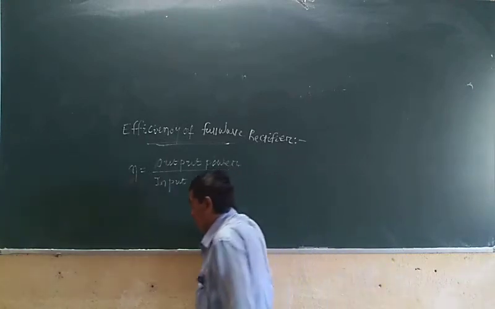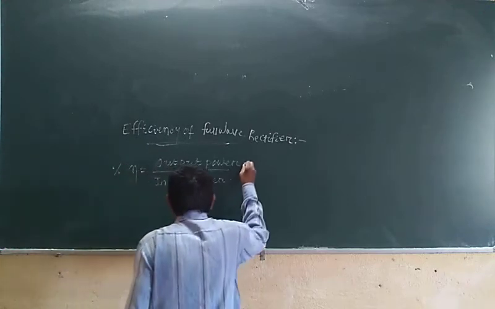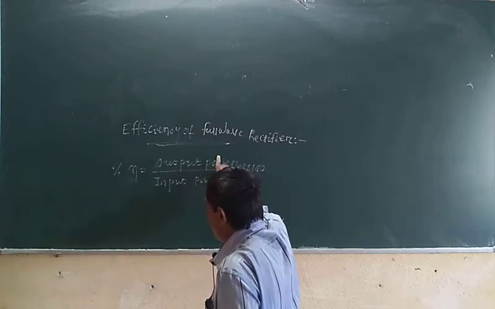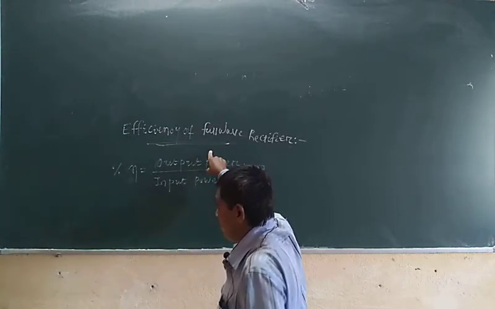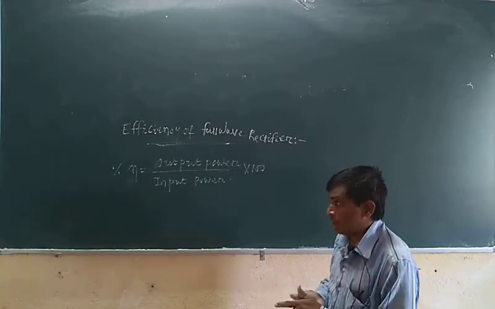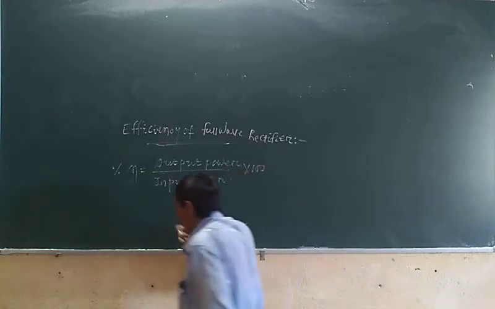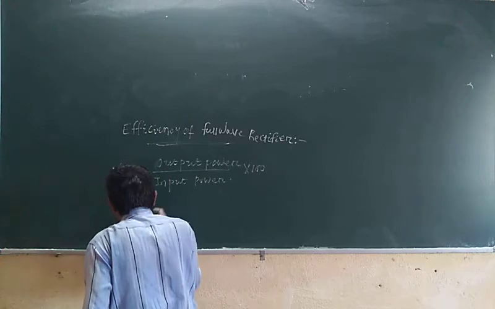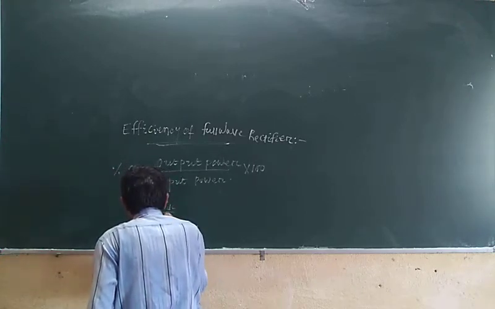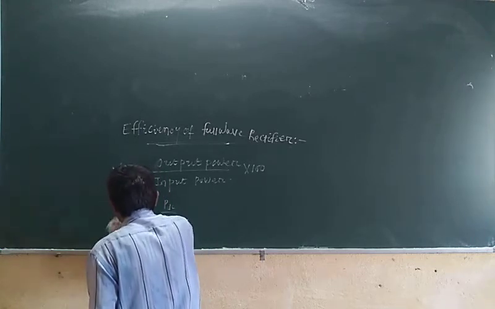When we want the percentage of efficiency, it will be multiplied by 100. Now we can calculate the percentage of efficiency of a full wave rectifier circuit. So first we see the output power. Output power means PDC. In short form, PDC divided by PAC is known as eta.